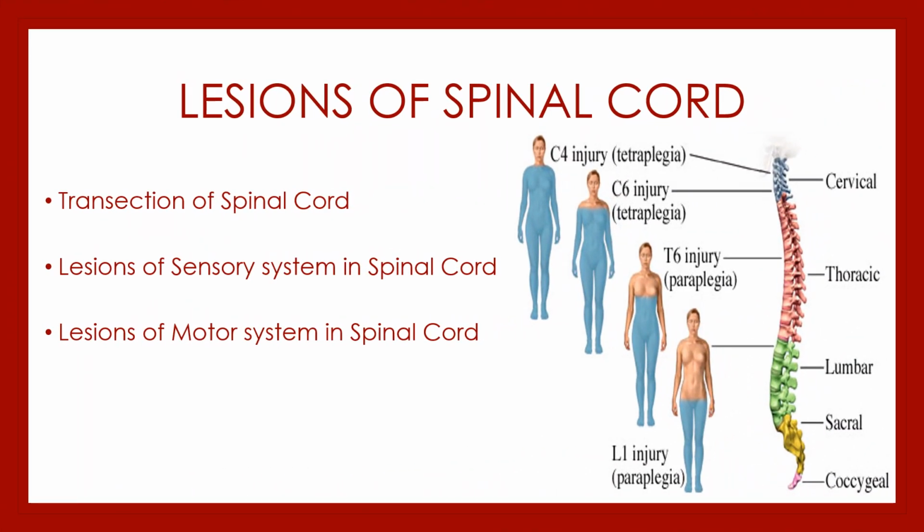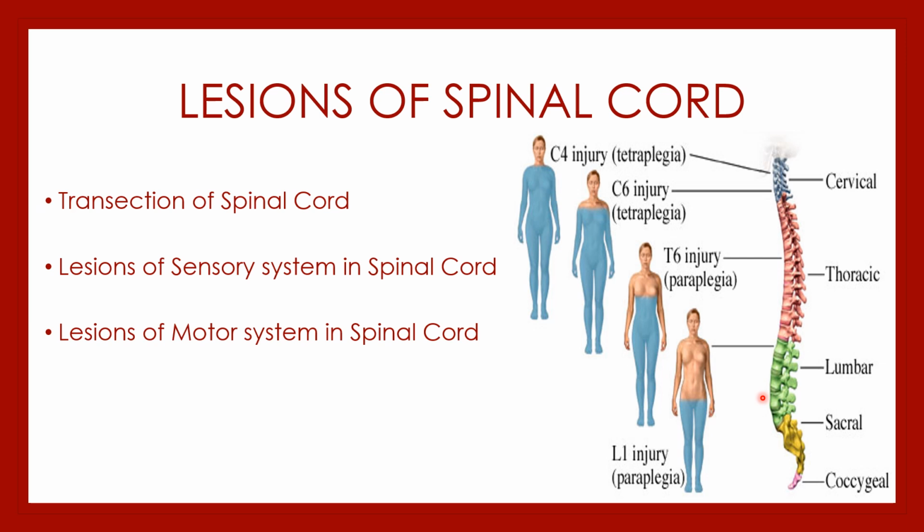Let us discuss the lesions of the spinal cord under the following headings: transection of the spinal cord, lesions of the sensory system in the spinal cord, and lesions of the motor system in the spinal cord. The spinal cord can get injured at various levels.